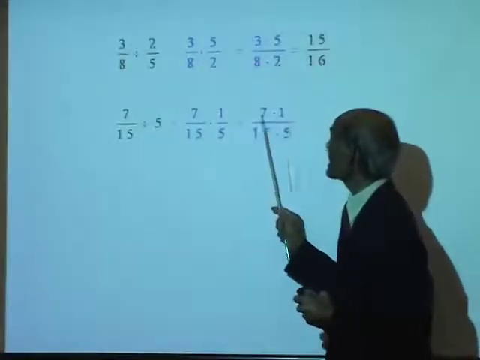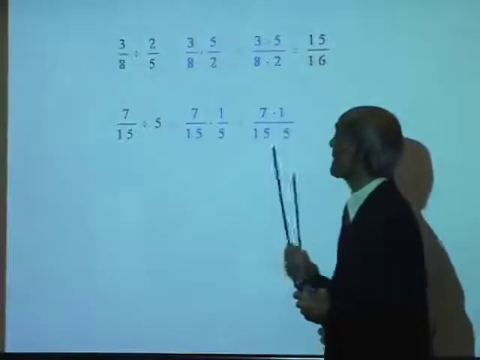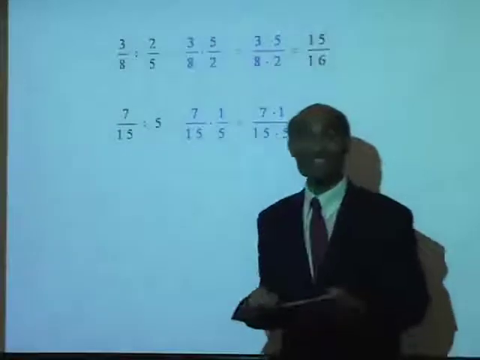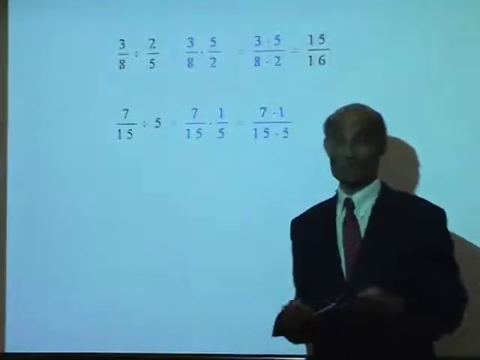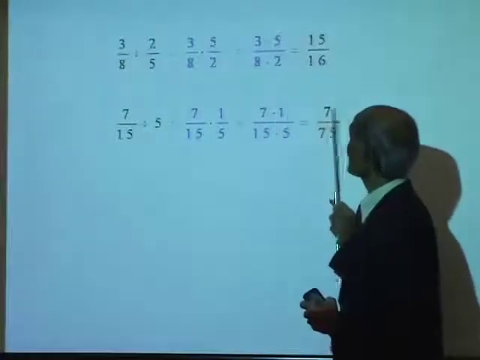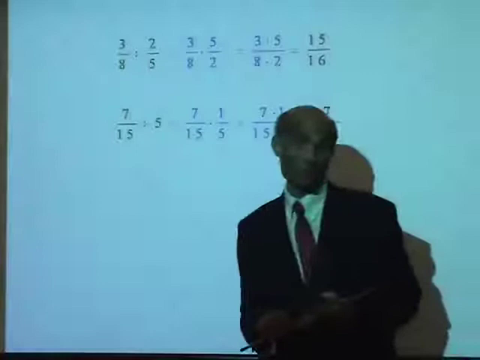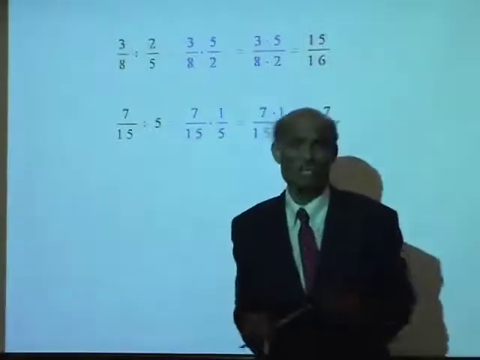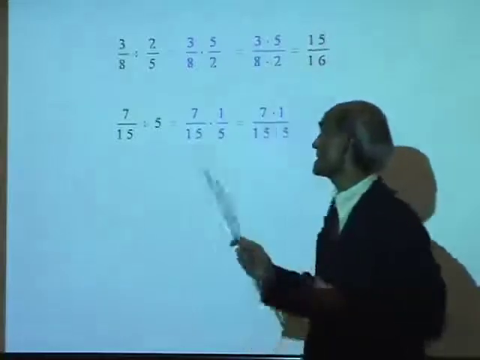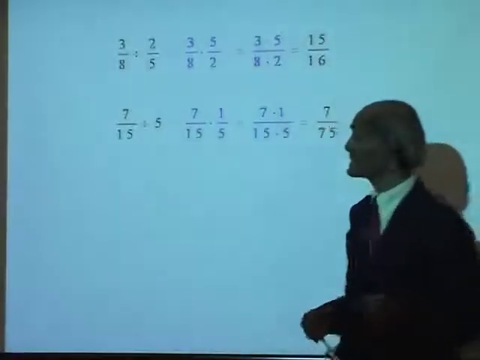That will be 7 times 1 divided by 15 times 5. Are there any common factors that we can cancel there? No. So what's the answer? That will be 7 times 1 is 7. 15 times 5. I hope you know some idea of your tables. 15 times 5 is 75. The answer is 7 over 75.